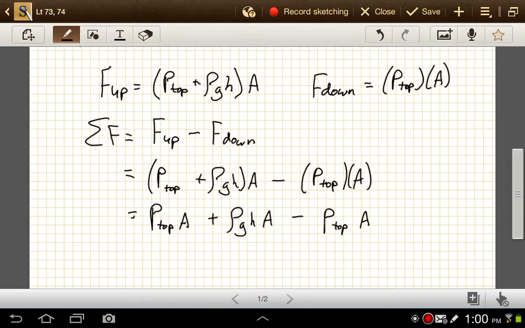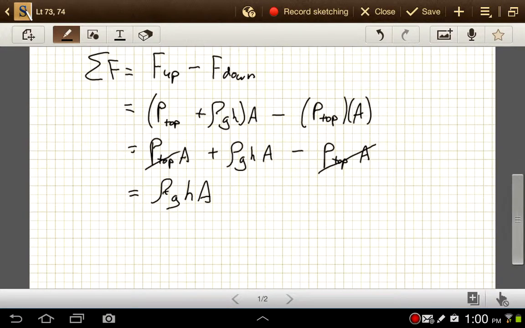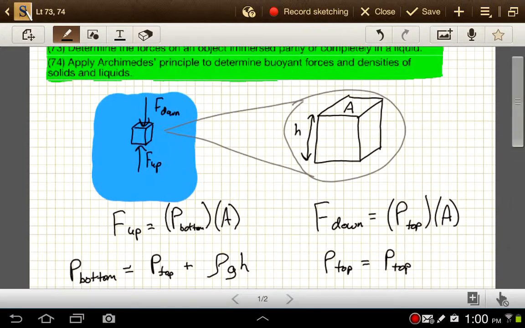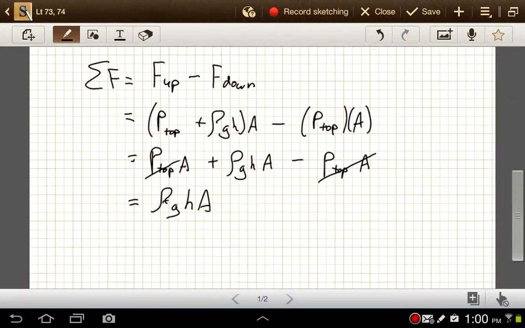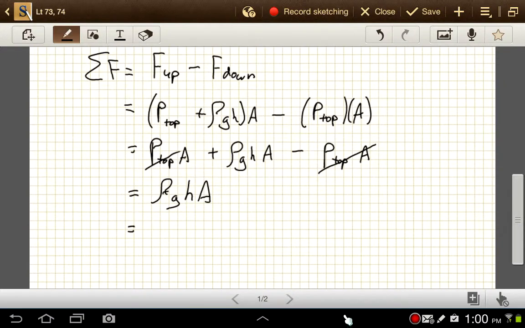So these two terms are just going to cancel, and we get rho times gravity times the height times the area. Now the height of this cube times the area of one of those faces, that's just equal to the volume of the cube. So I can rewrite that as rho times gravity times volume.